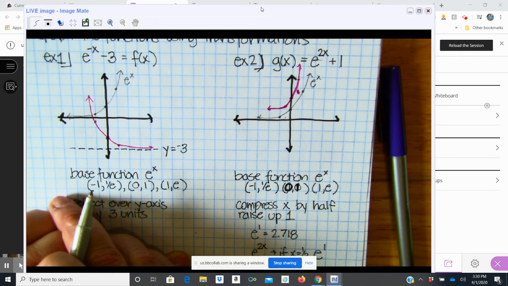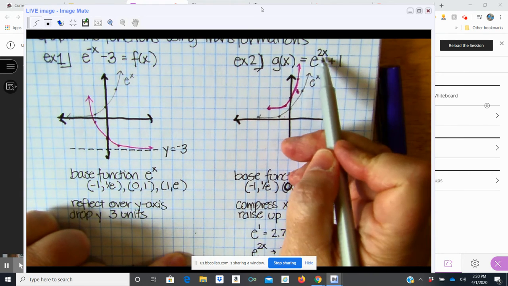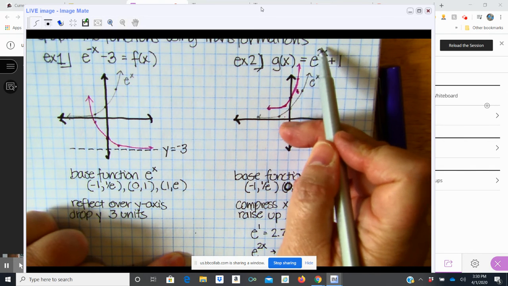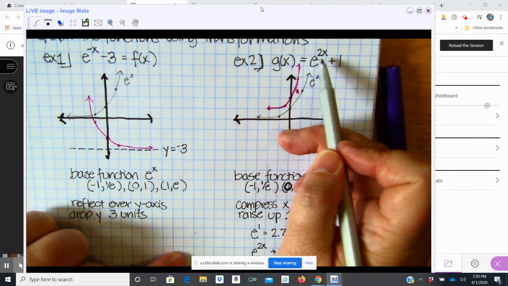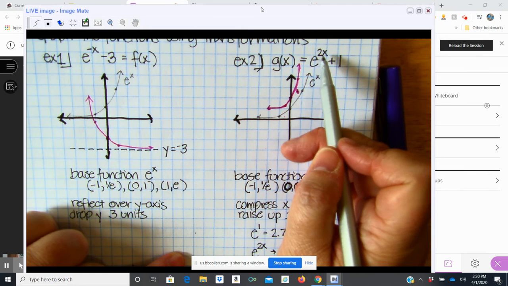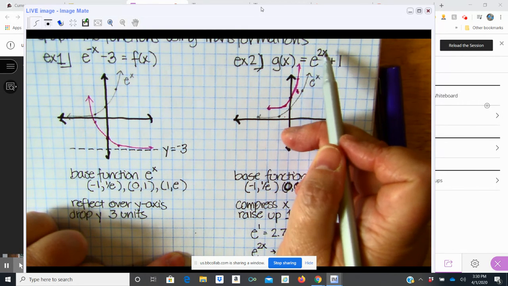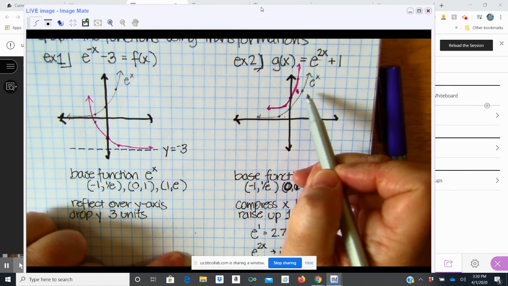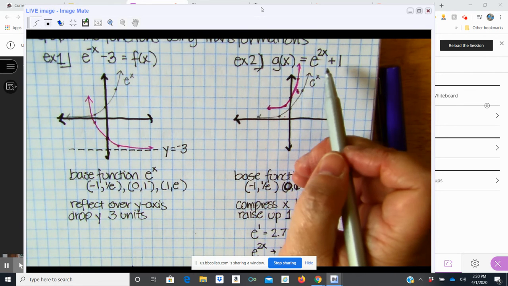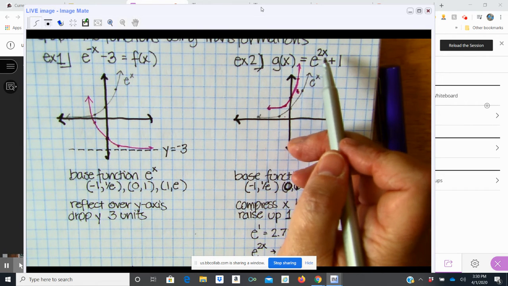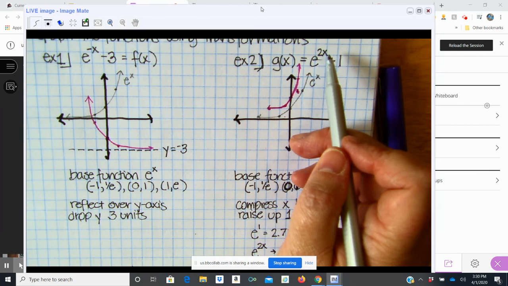My x value needs to be half as much to get to the y, because my x value is always going to get doubled here in the expression. So in order to get to an e to the first, or a 2.718, I only need that x to be 1/2.